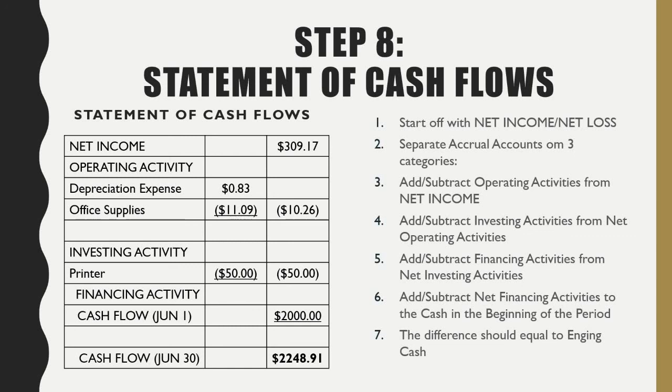Okay. My investing activities are going to be your fixed assets. Think of things that you plan to purchase, whether it's the building, the equipment, or machinery, in order to run the business, right?